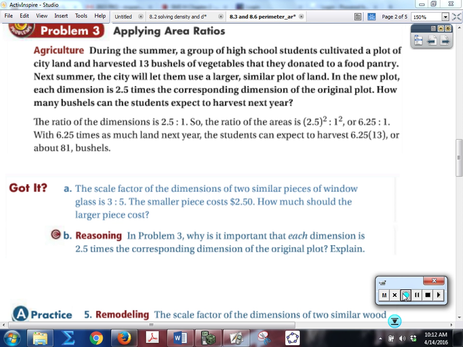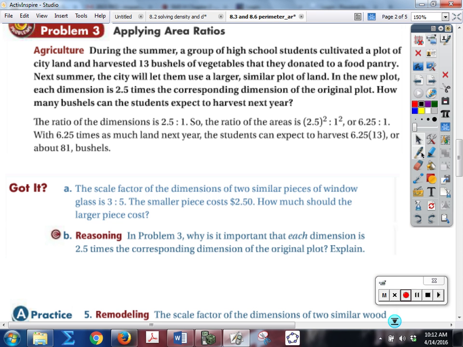So it does have to work. In order to be similar and for this to work, it can't just go 2.5 in one direction, because it's going to be 2.5 in both directions. So this isn't exactly what the dimensions are, but it is 2.5 times bigger, whatever it is.